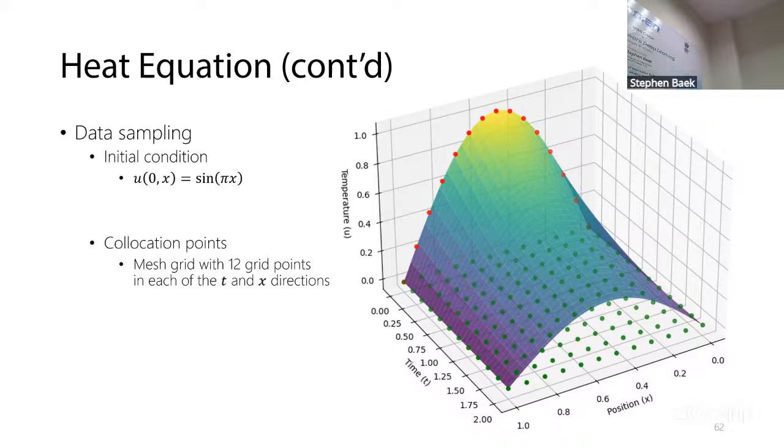Right. You could, for example, run direct numerical simulation for a few time steps and then produce some data points and then use the PINN to fit the rest. But I don't know, that doesn't sound very realistic to me.